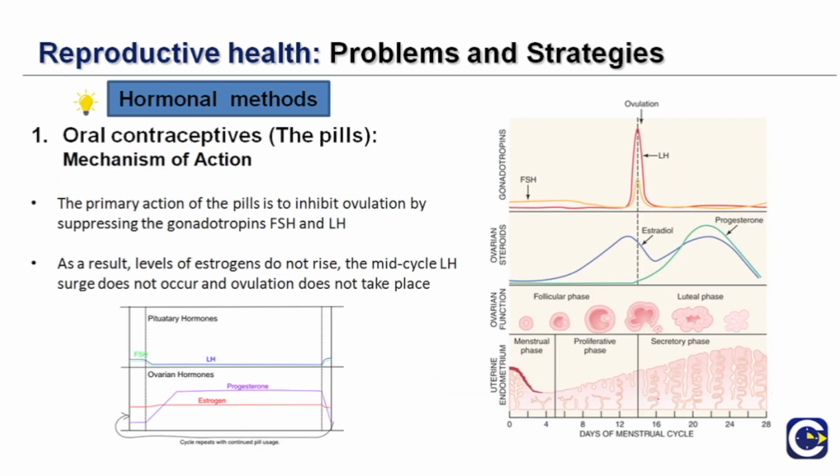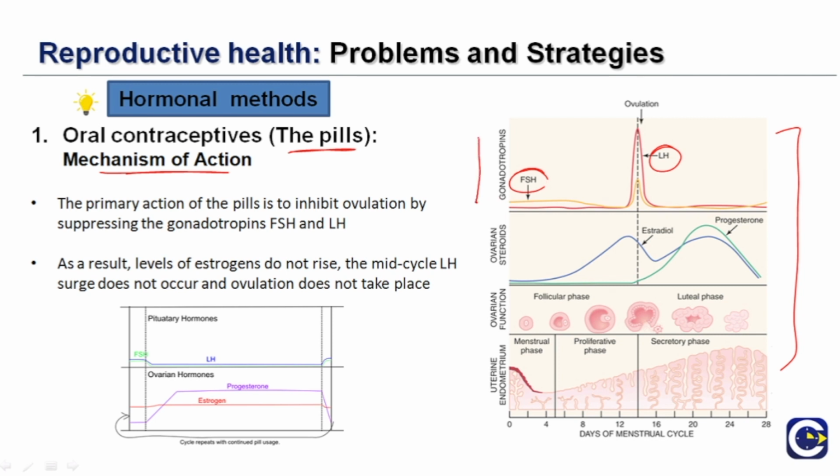Next we see the mechanism of action of these pills. For that, let us first look at the menstrual cycle. The whole cycle is highly regulated by various hormones, for example LH or the luteinizing hormone and FSH or the follicle stimulating hormone.